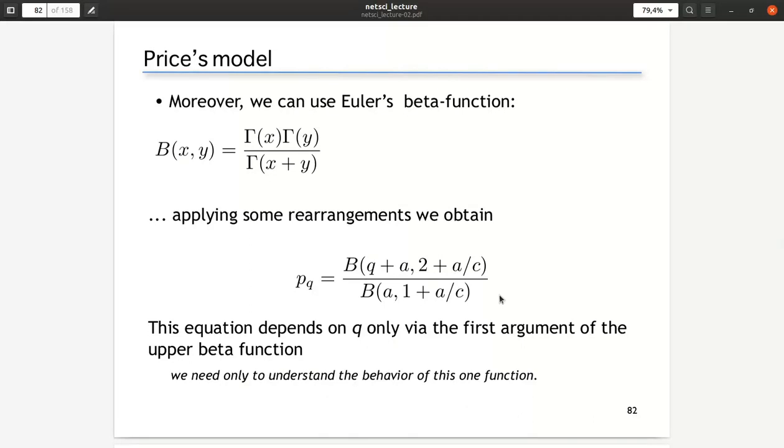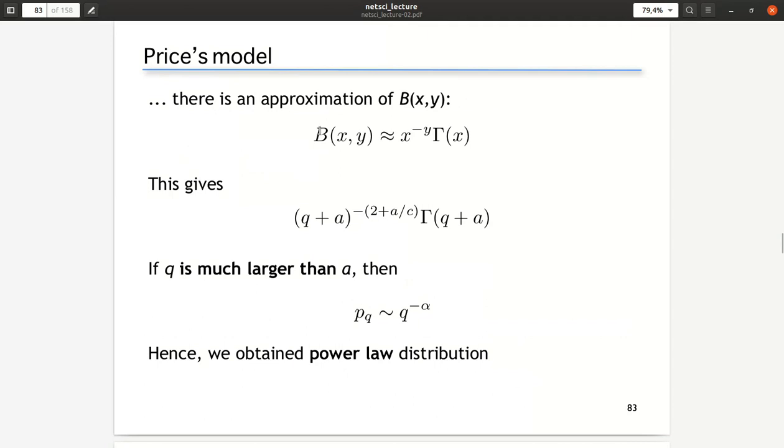So we need to understand the characteristics of this function above. Now there is a nice approximation for the beta function, which again gives us back the gamma function, using which we can write this form here.